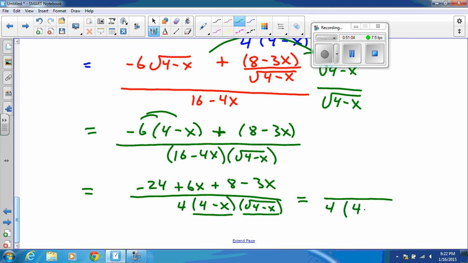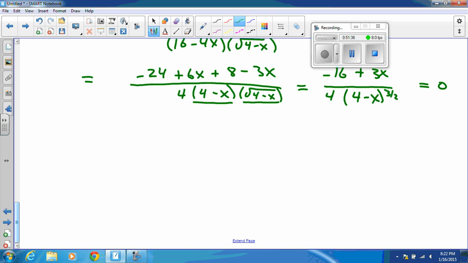And as I look at the bottom there, it occurs to me that if I changed my mind and factored out the 4 again, what I have is 4 minus x to the first power times 4 minus x to the 1/2 power, and when you add the exponents, you get 4 minus x to the 3/2 power.